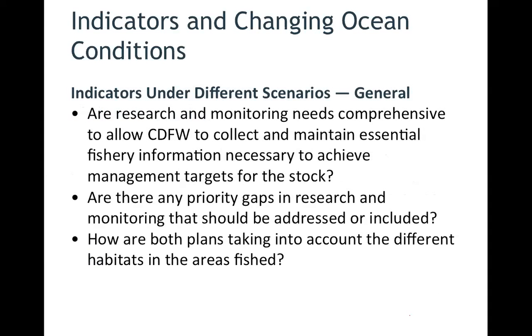Some other questions that were harder to bin but still fit under indicators under different scenarios were: are research and monitoring needs comprehensive to allow the department to collect and maintain essential fishery information necessary to achieve management targets for the stock? Are there any priority gaps in research and monitoring that should be addressed or included? And how are both plans taking into account the different habitats in the area fished?